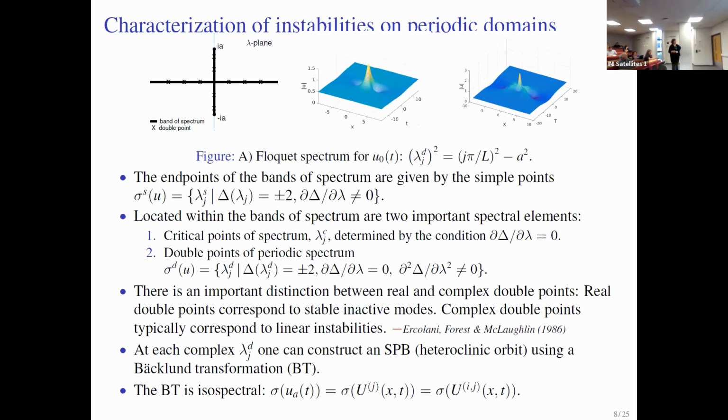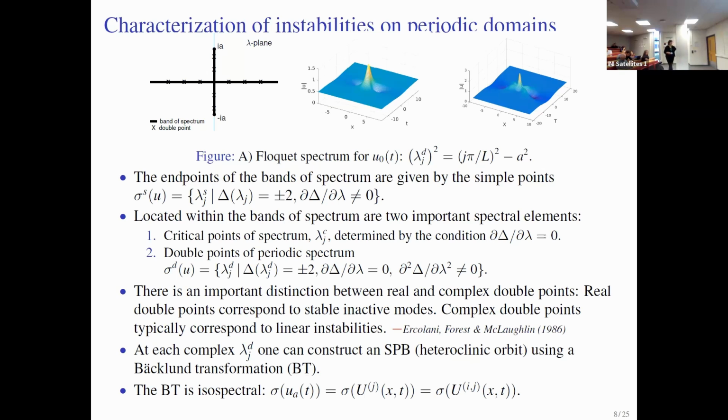And so in this figure, this is the spectrum for the Stokes wave, and you see that we have the entire real axis as spectrum, and there's a band of spectrum along the imaginary axis ending at the simple discrete points iA and minus iA. And located within these bands of spectrum are these two important spectral elements.